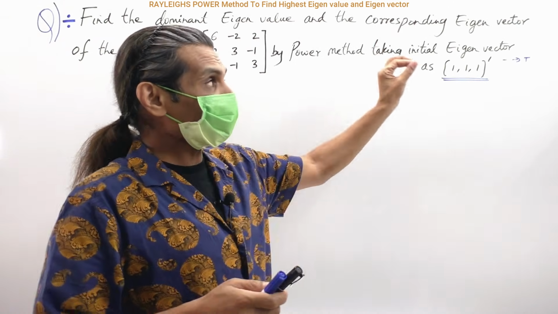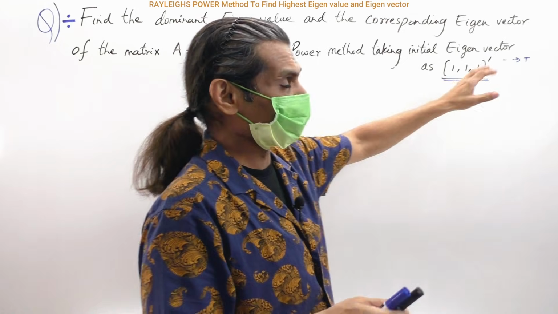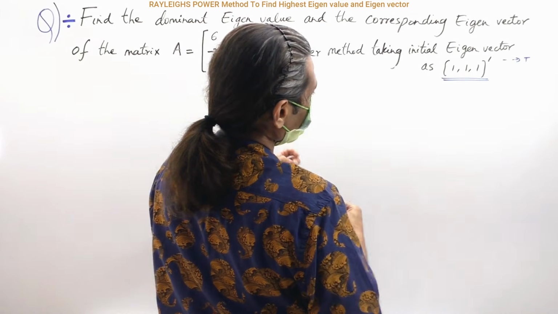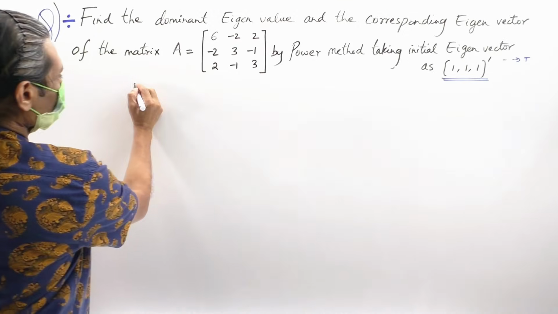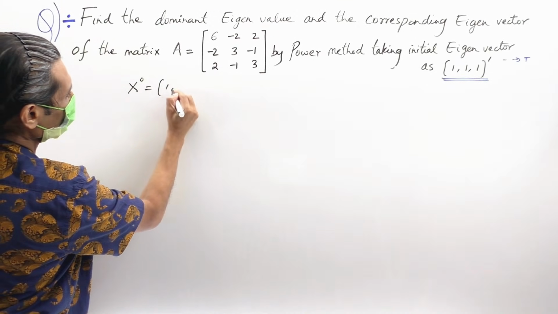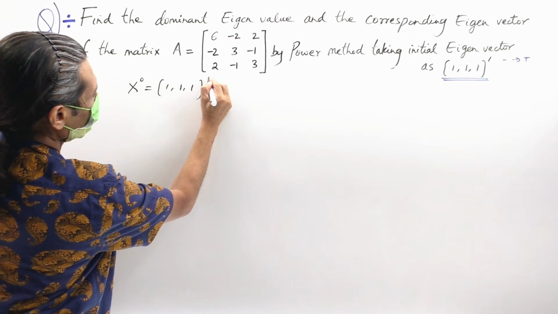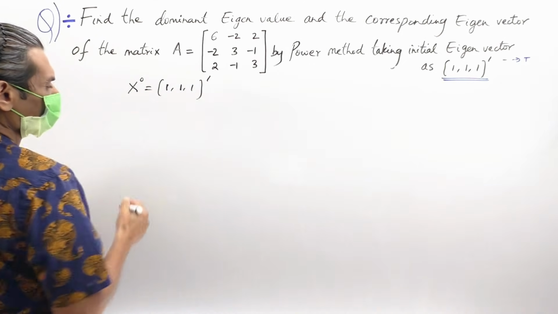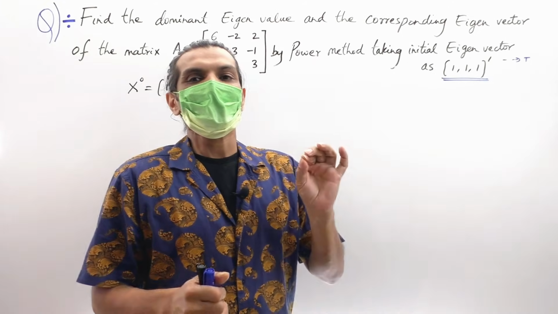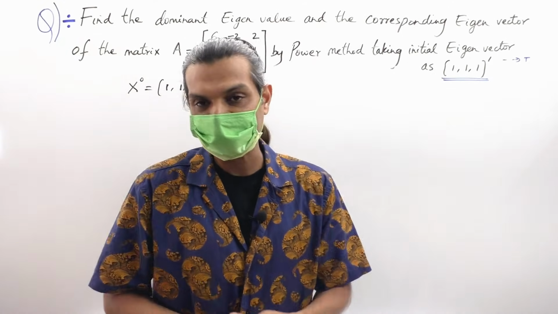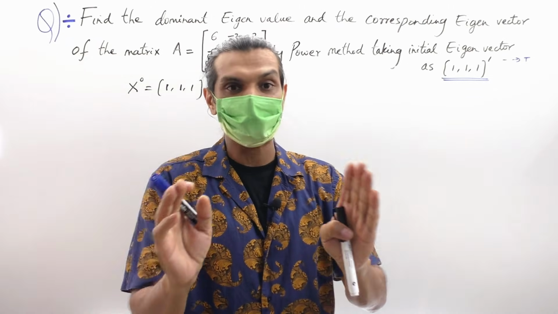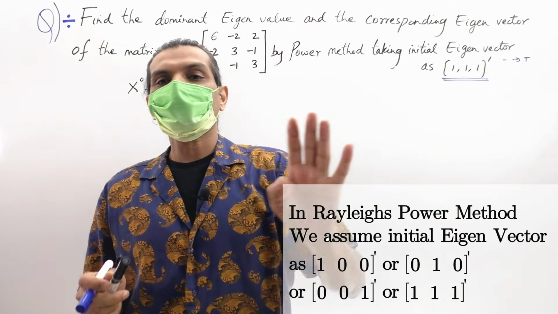Here they have given the initial eigenvector as 1, 1, 1. That is, the initial eigenvector x0, I'll take it as [1, 1, 1] transpose. They already gave it. If they don't give it, then what? According to the theory of the Rayleigh's Power Method, if they have not given any initial eigenvector, assume it to be 1, 0, 0.